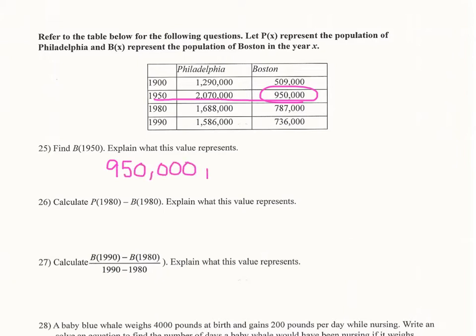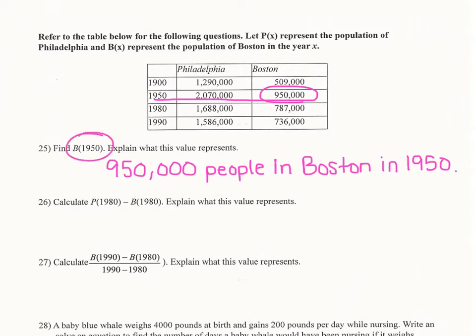That means there were 950,000 people in Boston in the year 1950. Make sure you include both of those pieces, because when I say B of 1950, there's really two pieces of information there. There's Boston and 1950, so make sure both of those things are in your explanation.